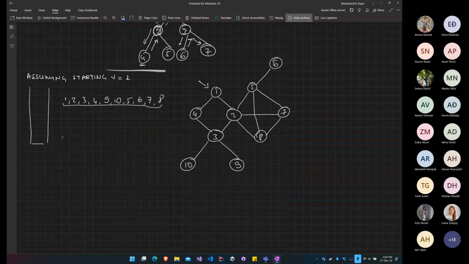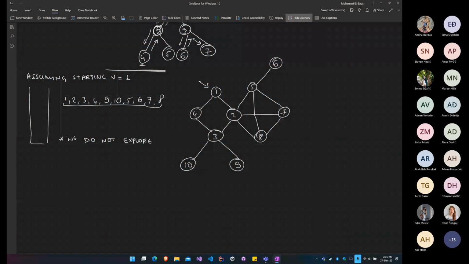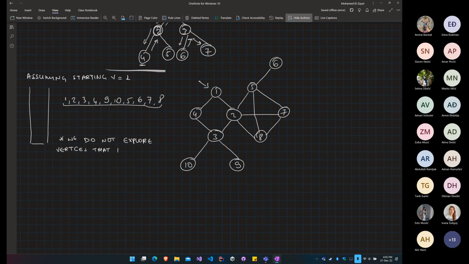So one of the notes which is important to tell here, and hopefully you have already noticed, is that you do not explore vertices that have been visited.